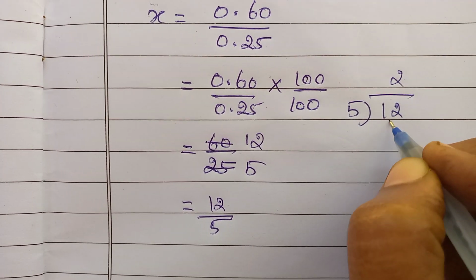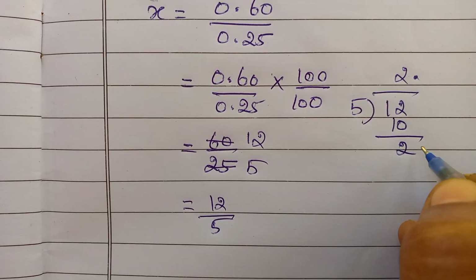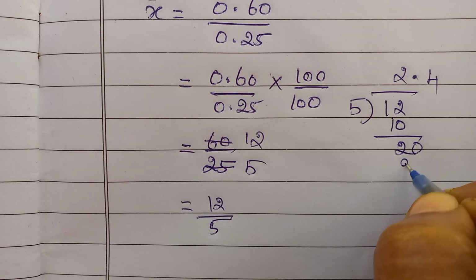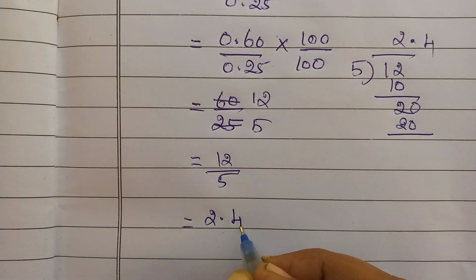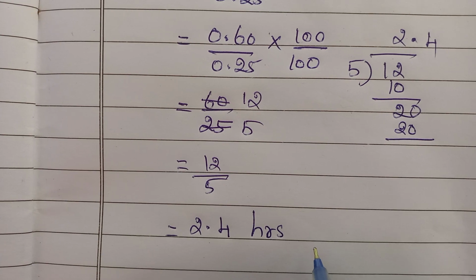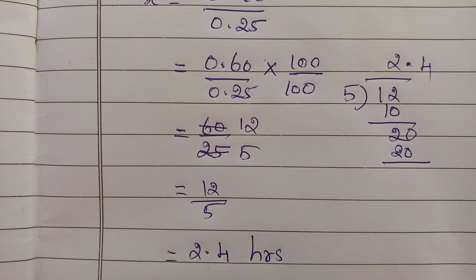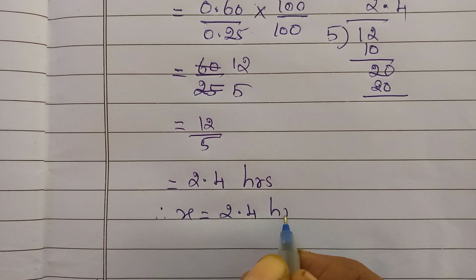Here 2 5s are 10, 2 balance cannot divide, point here 0, so 4 5s are 20, which is equal to 2.4. It is time, so hours. Only hours are asked. Therefore X is equal to 2.4 hours.